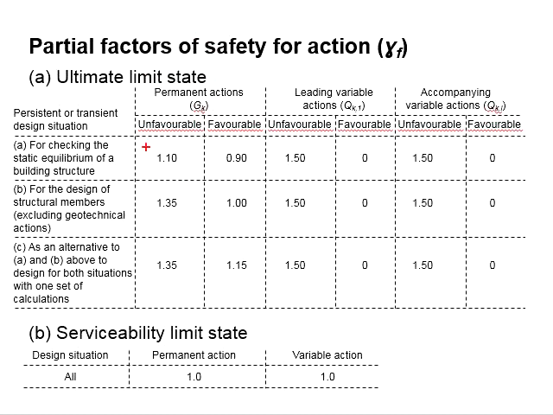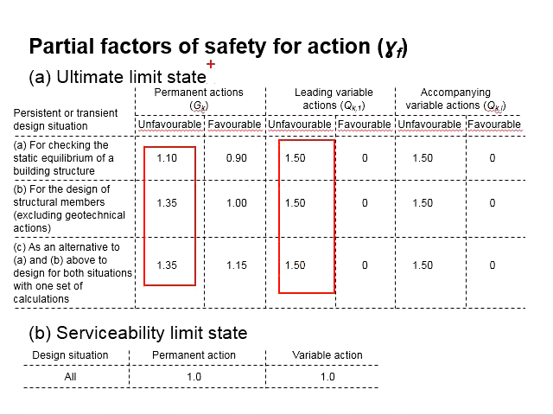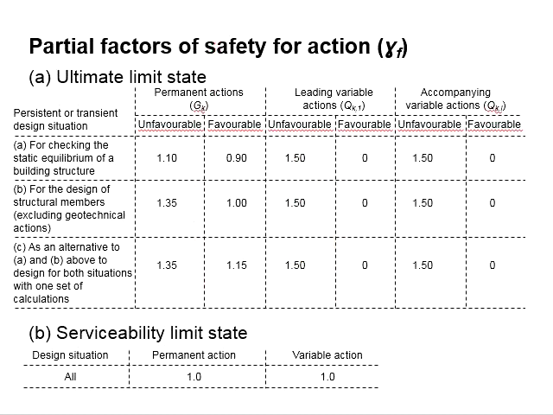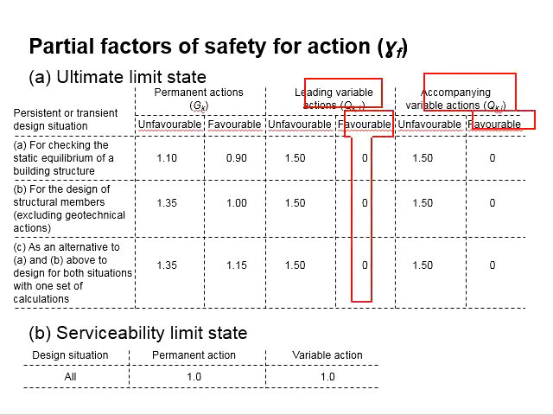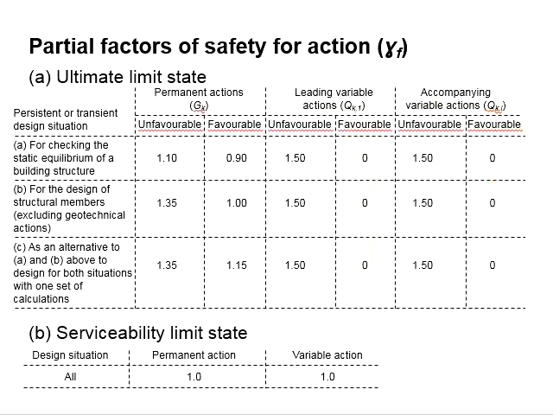For that reason, the factors of safety are normally smaller than for the variable actions. And due to the fluctuating nature of the variable actions, they can be there, or they can be not there. For the variable actions which are favorable, the effect needs to be ignored. Therefore, the factor of safety will be equal to 0.